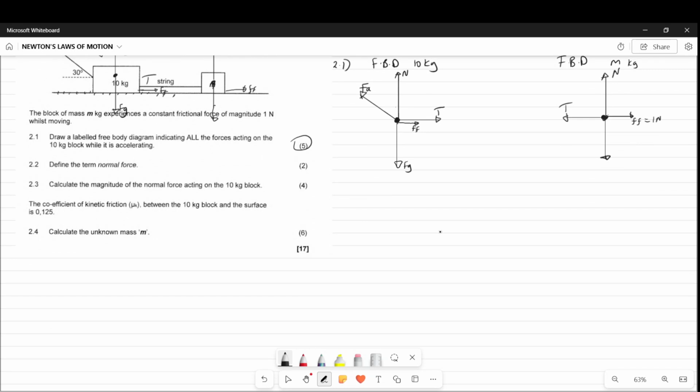Now they said define the term normal force, right? So now normal force, we know what definitions.